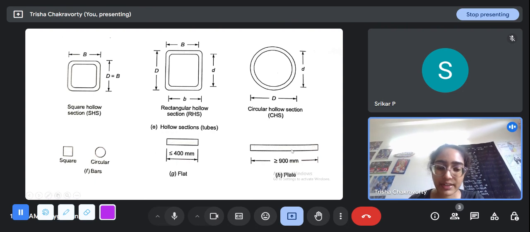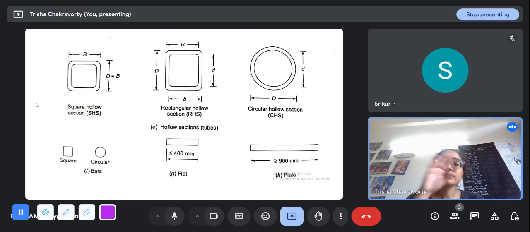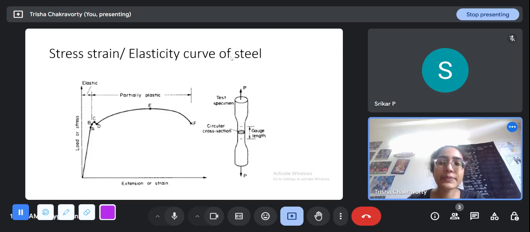These are bars, and these are flats and plates. Not all properties, but a lot of them are tabulated in SP61, and they can be consulted readily when we are working with design. If we are given the dimensions, we will be able to find out the moment of inertia or the elastic modulus, but it is more convenient since the values are already given.